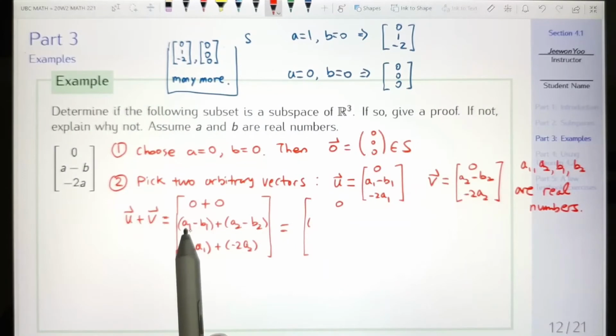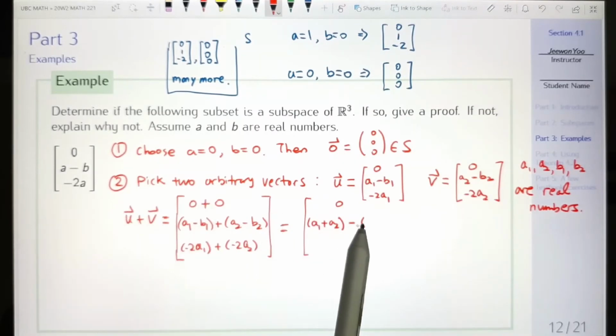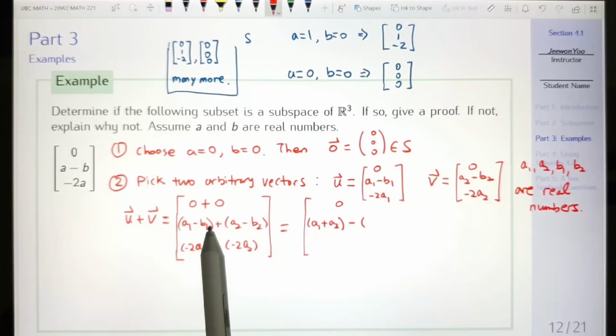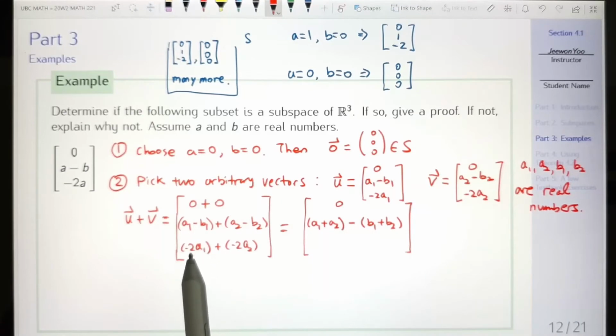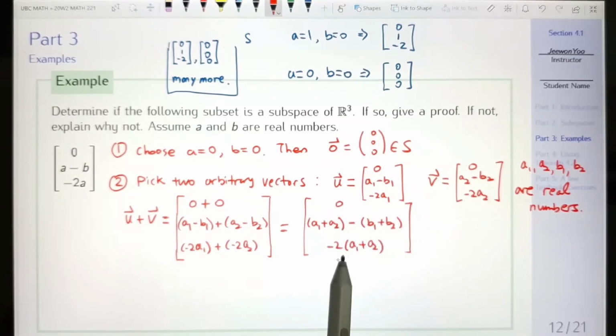We can collect A1, A2 together. Because we have a subtraction, we must have subtraction here. That means B1 plus B2. And finally, if you try to take out the common factor, negative 2 times A1 plus A2.